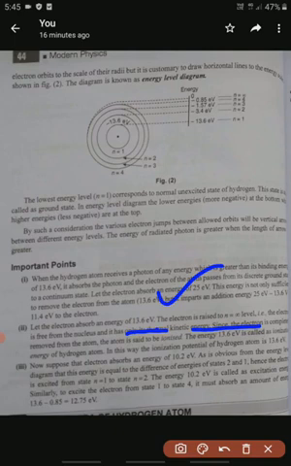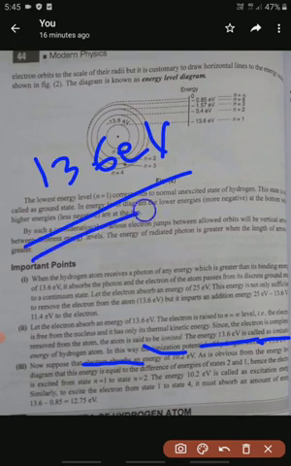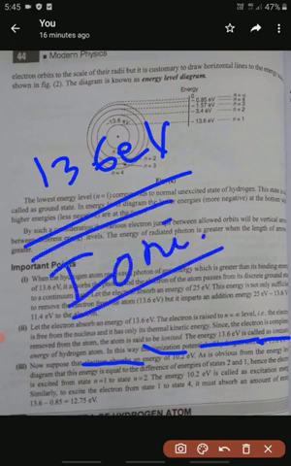I mean electrons are free from the nucleus, and it gets kinetic energy. This energy we call the ionization energy, and this electron is said to be ionized. The energy 13.6 electron volt is called the ionization energy of the hydrogen atom.